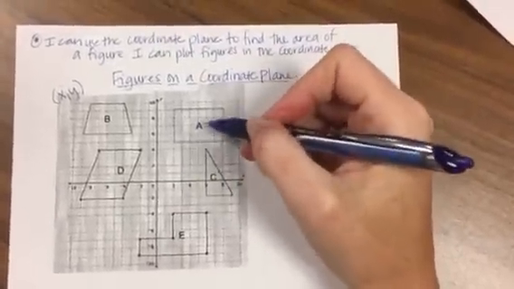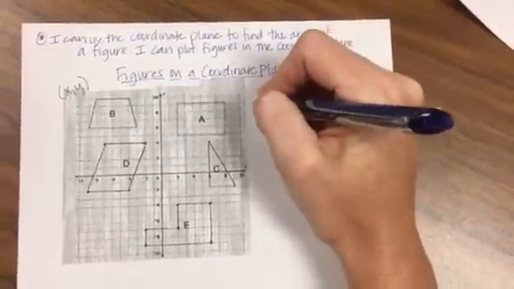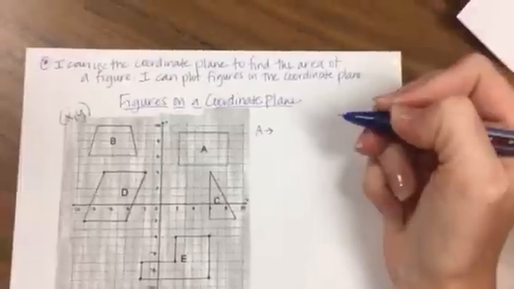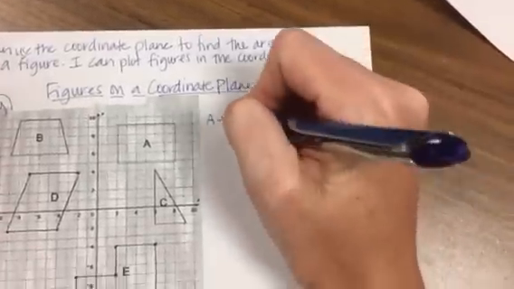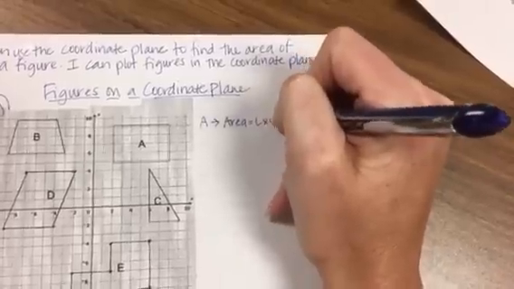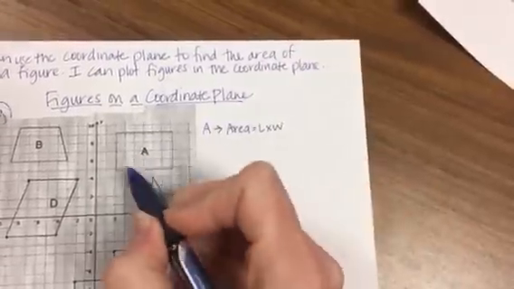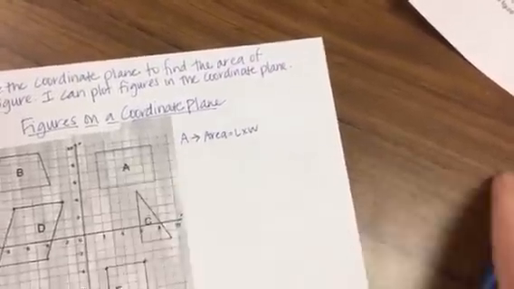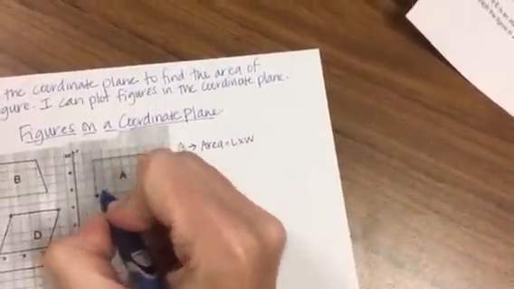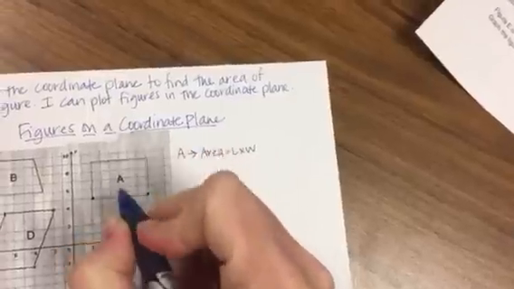So figure A is a rectangle, and we're going to talk a little bit about how you find the area of figure A, and how you find the perimeter. Since it's a rectangle, we would do length times width. To find the length of this figure, and they don't line up perfectly, but they're pretty close, we're going to see how far it is from this corner to this corner.